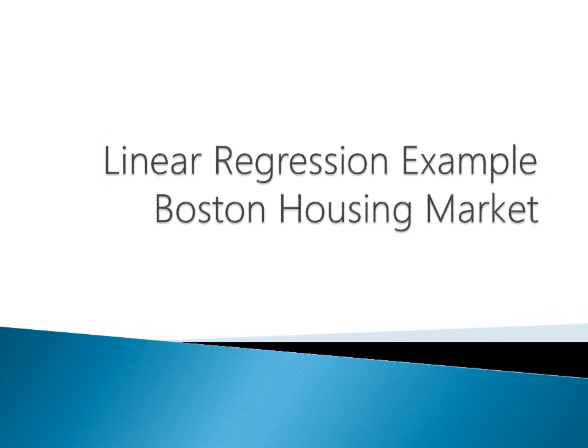Now that we've talked about linear regression analysis and ANOVA concepts, I want to shift gears and go back to a practical application of predictive analytics. I want to talk about an example using the Boston housing market.